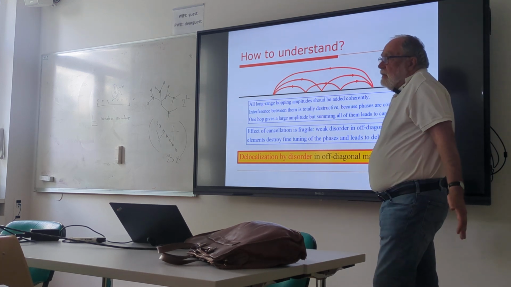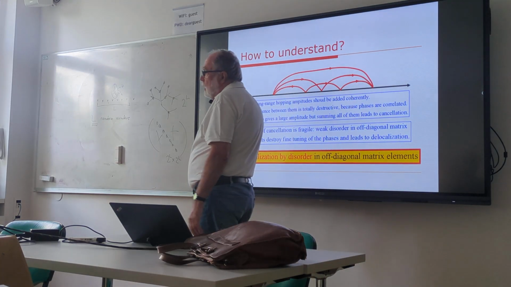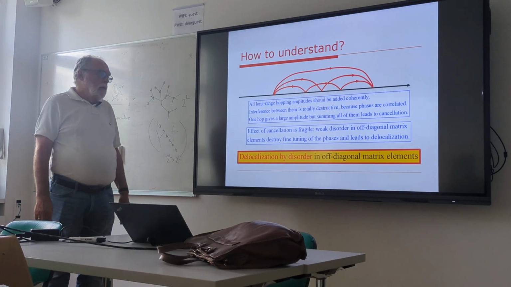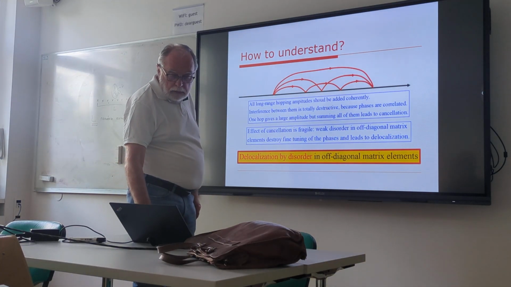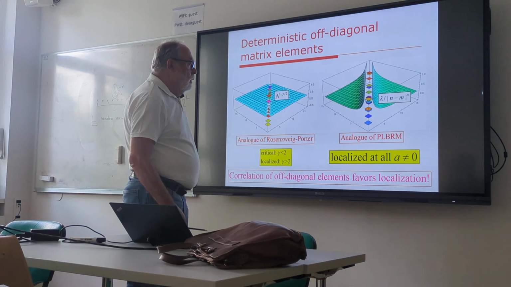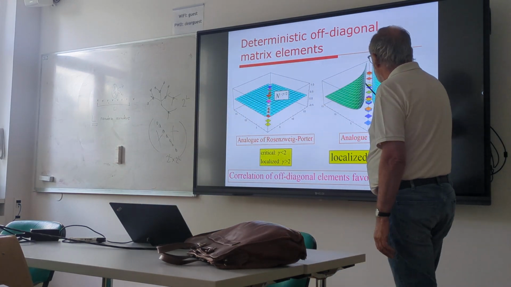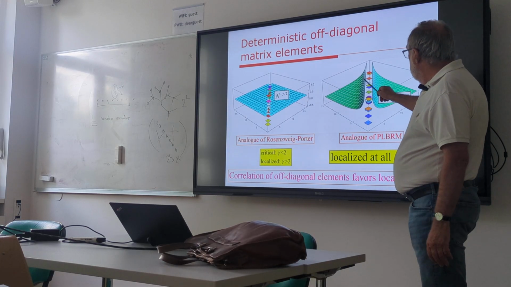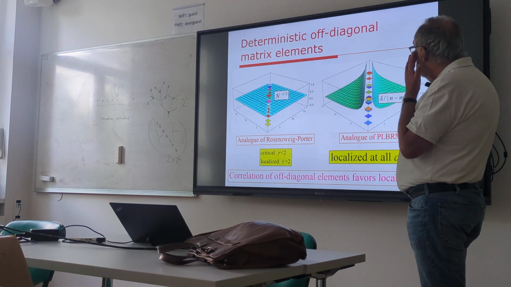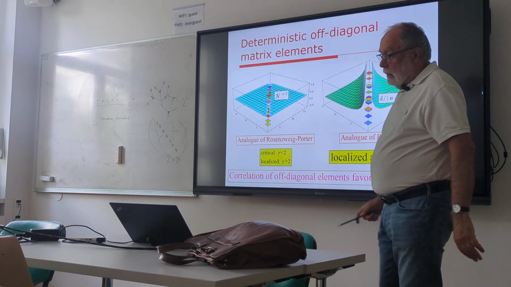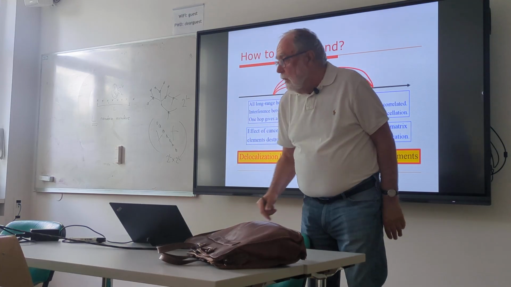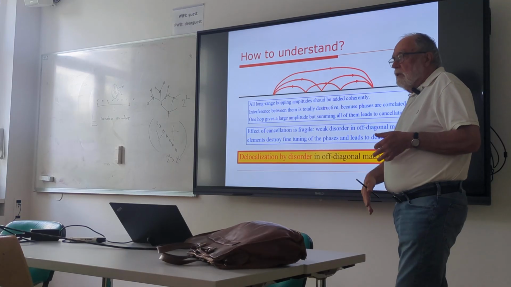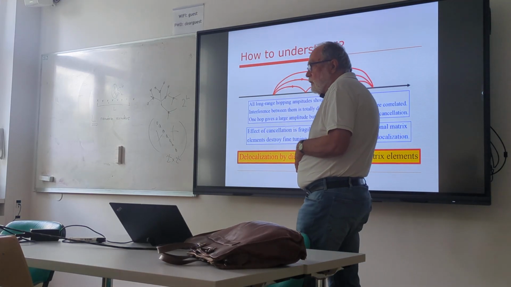So when the phase is random, it is gone, and the effect of localization is gone together with it. So the mechanism of changing the behavior where these matrix elements are deterministic is destructive interference. When I make disorder in the matrix elements, even small disorder, then this localization is immediately gone. So it is very fragile.